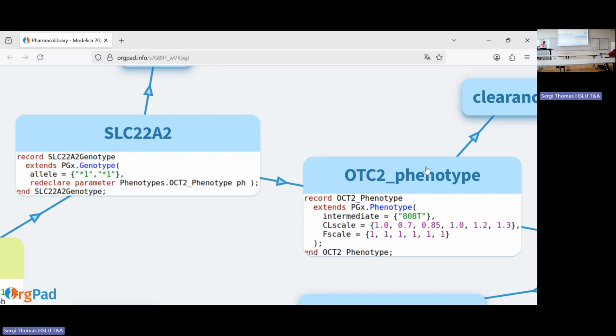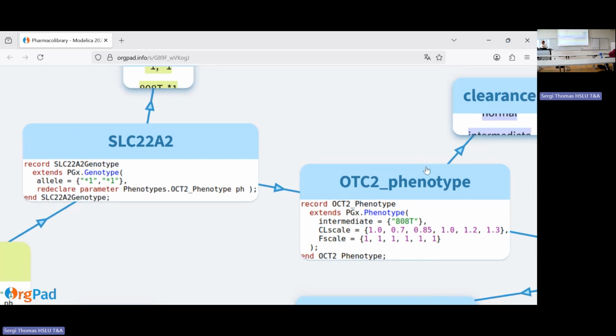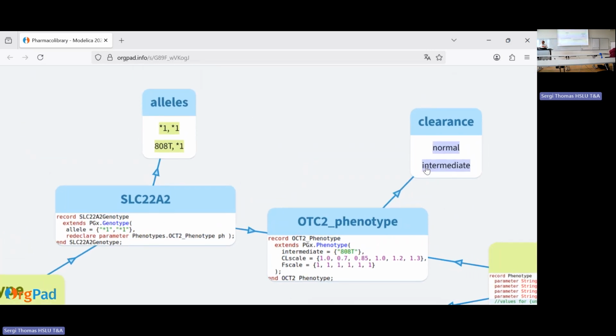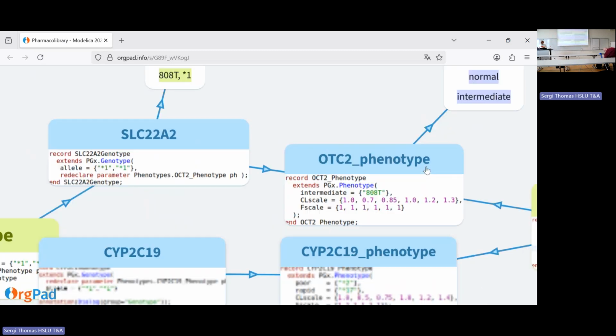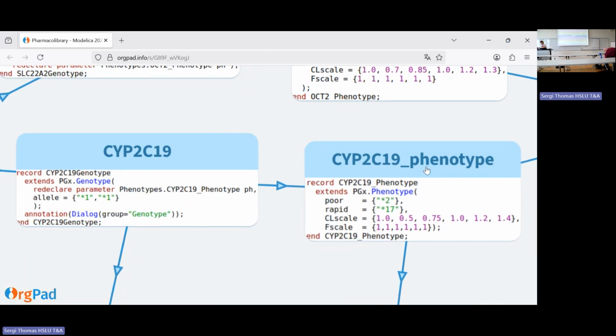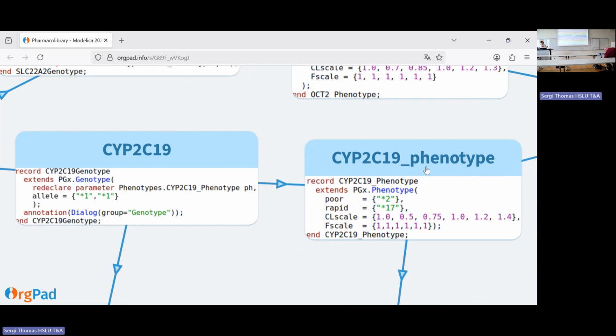So the gene makes some proteins, and for example, the normal allele here, star 1, has a normal consequence on the clearance, but with some mutation, there is an intermediate, so a little bit slower clearance in terms of pharmacokinetics. Another phenotype and genotype pair is here.